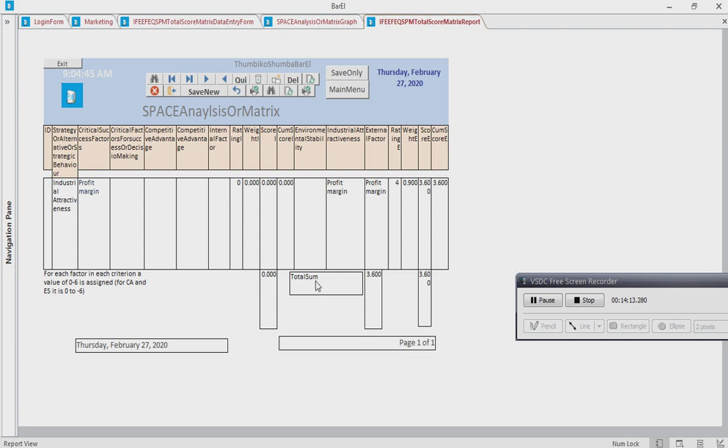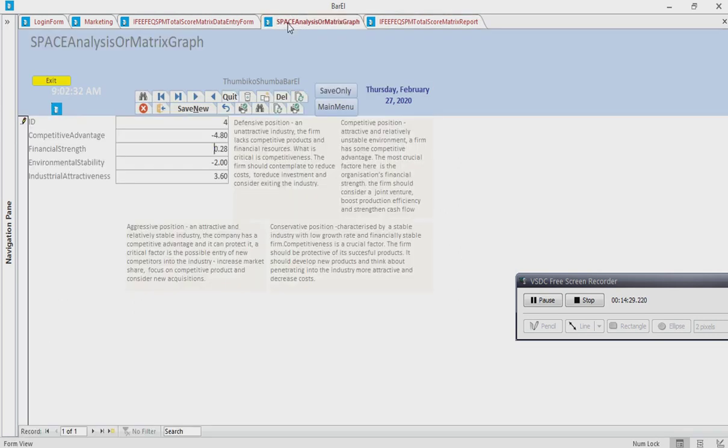This is what has been indicated. Total sum is the average. So the averages have been put in the SPACE analysis or matrix graph, and let us see the graph now.